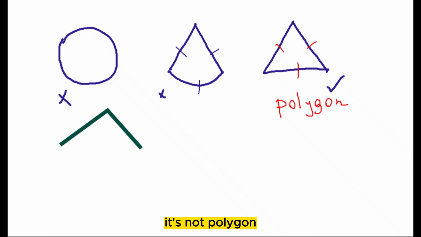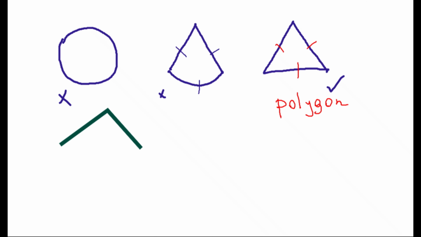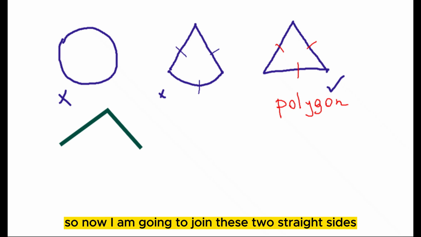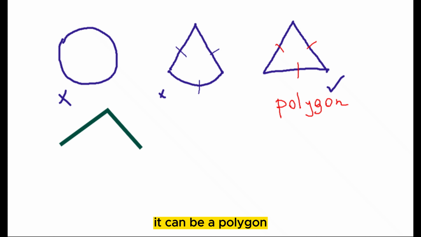It's not a polygon, it's not even a shape because it's not closed. So now I am going to join these two straight sides in order to make it closed, to make it a shape. And if these two sides are still straight, it can be a polygon.